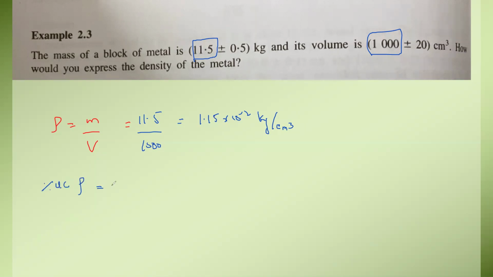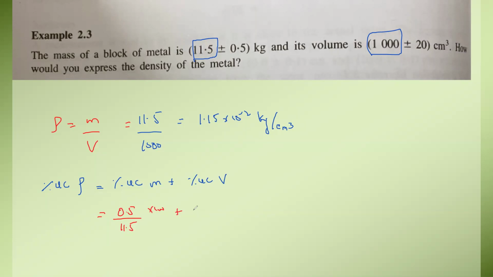The density is calculated by division of the mass and the volume. So the percentage uncertainty in the density is the percentage uncertainty in the mass plus the percentage uncertainty in the volume. What is the percentage uncertainty in the mass? 0.5 divided by the value recorded into 100. What is the percentage uncertainty in the volume?